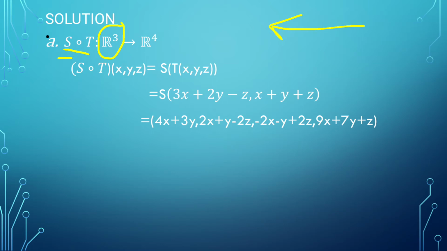So the final solution will be in R4 as defined in S. That's how you define that. You start from the left hand side, look at the domain for T, then look at the range for S, because S gives us the final output.